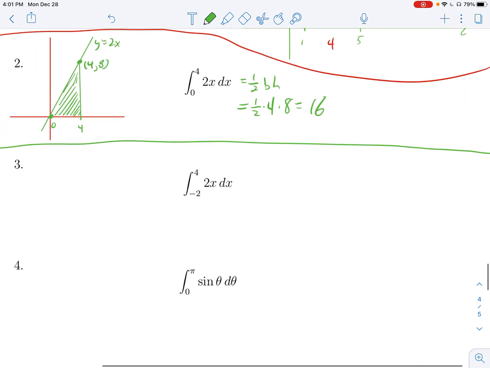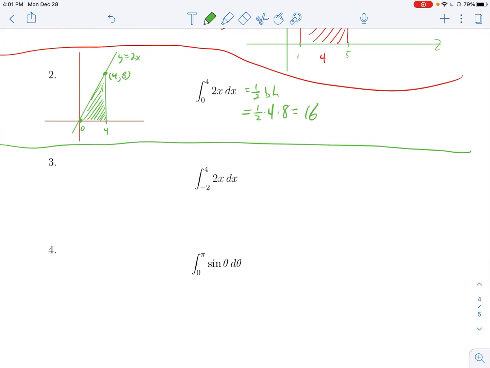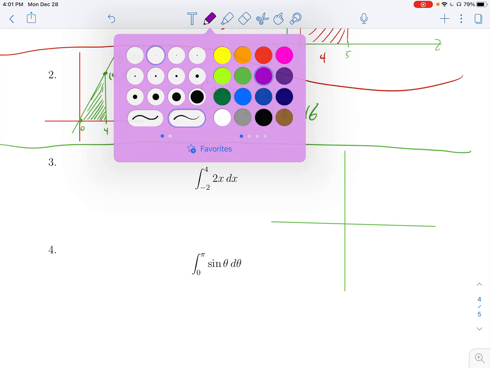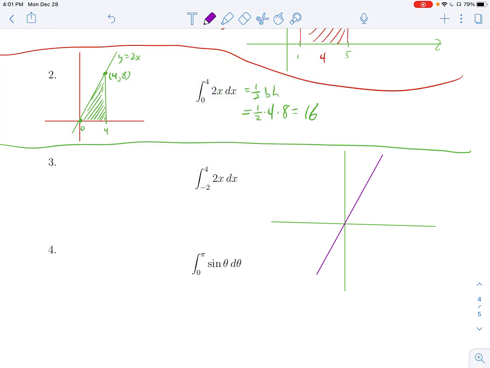Here's 2x again, but this time from -2 to 4. Here's -2, here's 4. This is the region we're thinking about. Bounded by the x-axis, the graph, the vertical line at the left and the vertical line at the right.